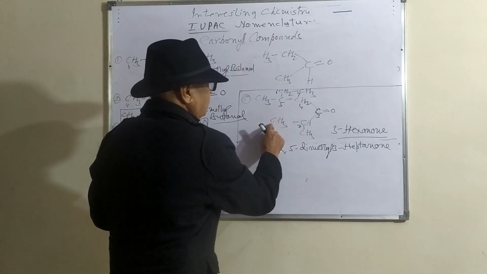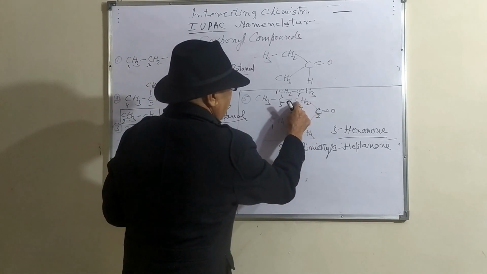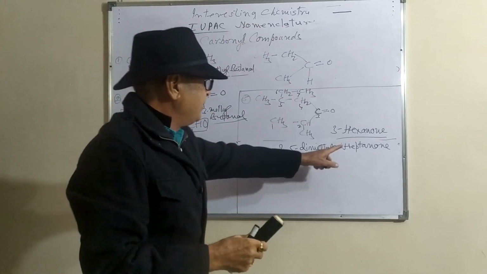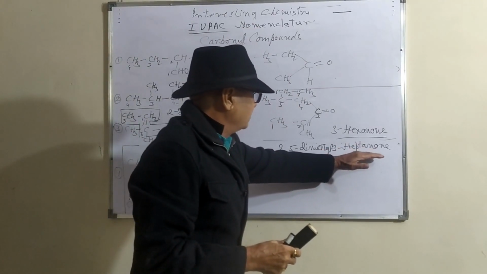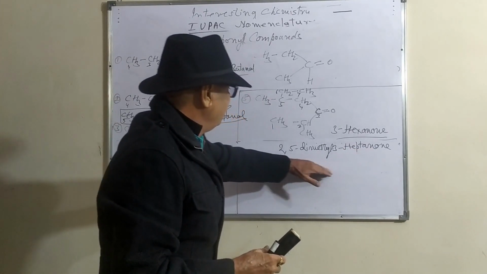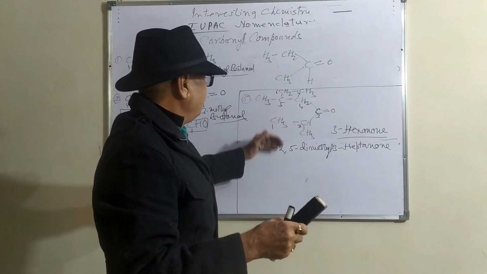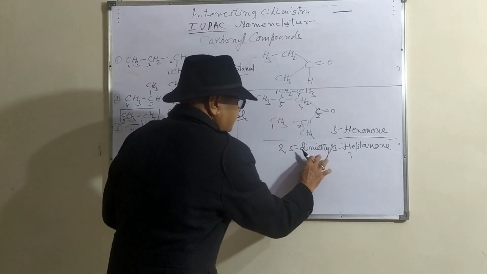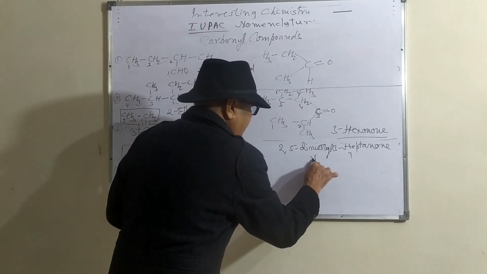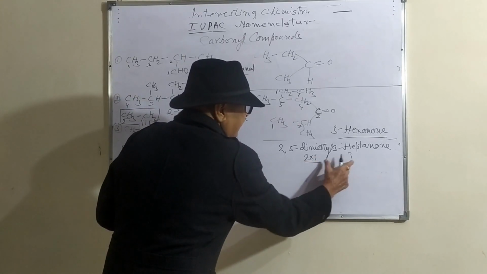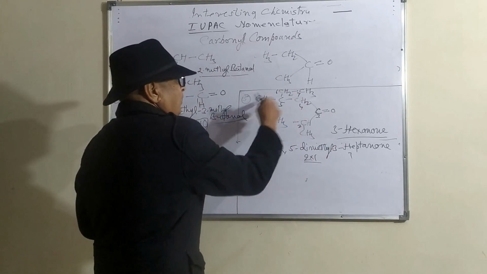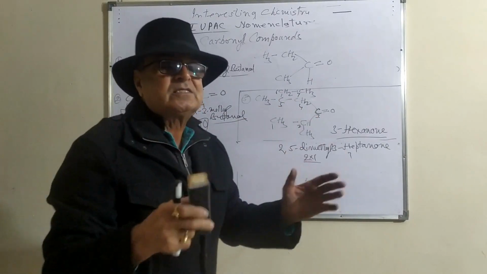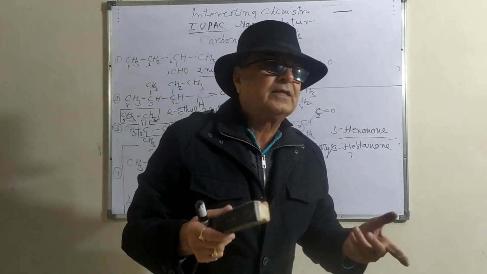Suppose there are 1, 2, 3, 4, 5, 6, 7, 8, 9, whole 9 carbon atoms. This name tells us the 7 carbon atoms of heptane, and dimethyl has 1 and 1 carbon, so total there are 9 carbon in this name, and the total number of carbon atoms in this compound is also 9. So the name also tells us the total number of carbon atoms found in this compound.